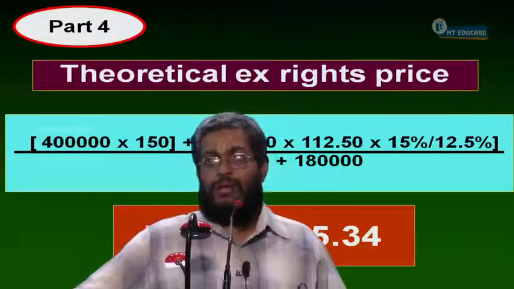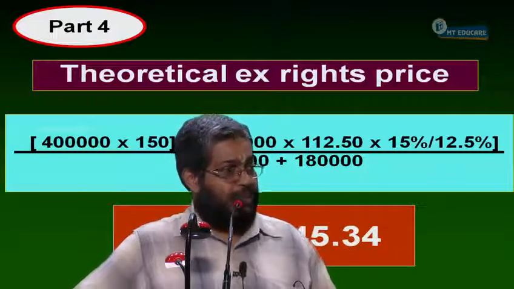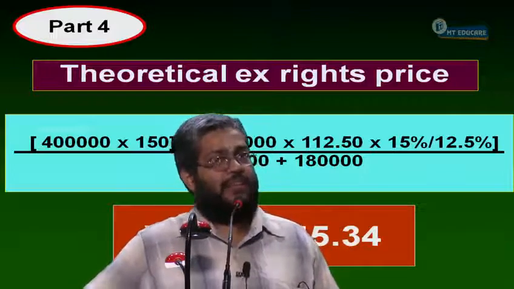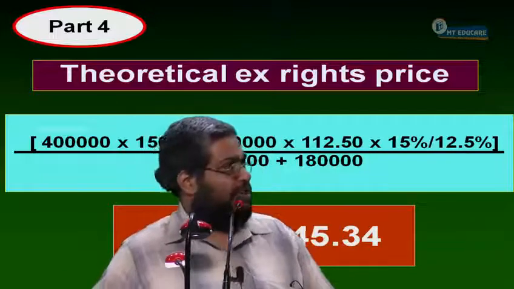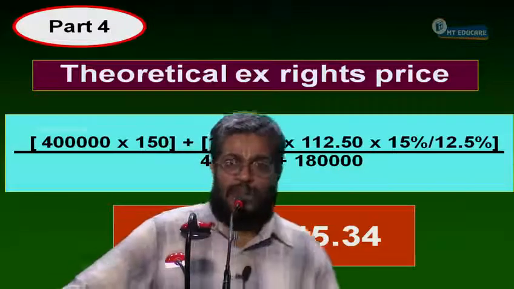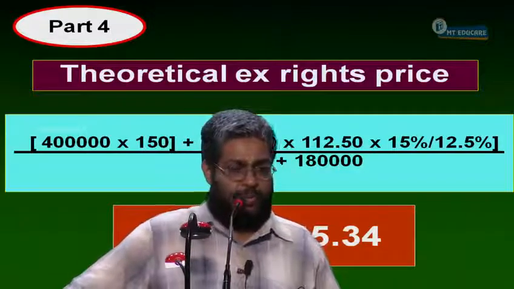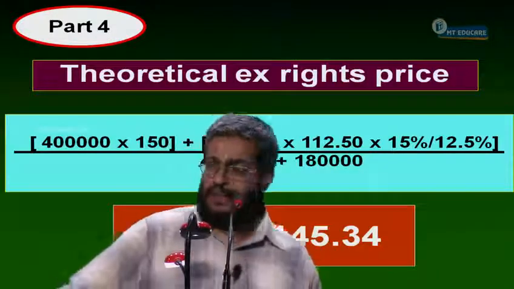Then how did additional wealth become 2 crores 43 lakhs? Are you following my question or not? Write down the answer.